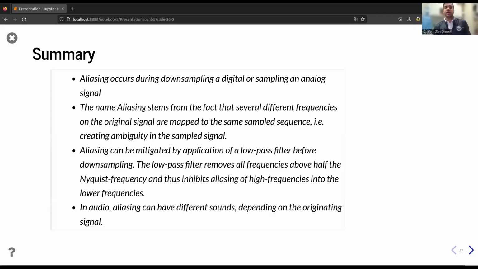This issue can be tackled by applying a low-pass filter to the frequencies out of our sampling frequency which were aliased. And in audio, aliasing can have different sounds depending on where the signals originate from.